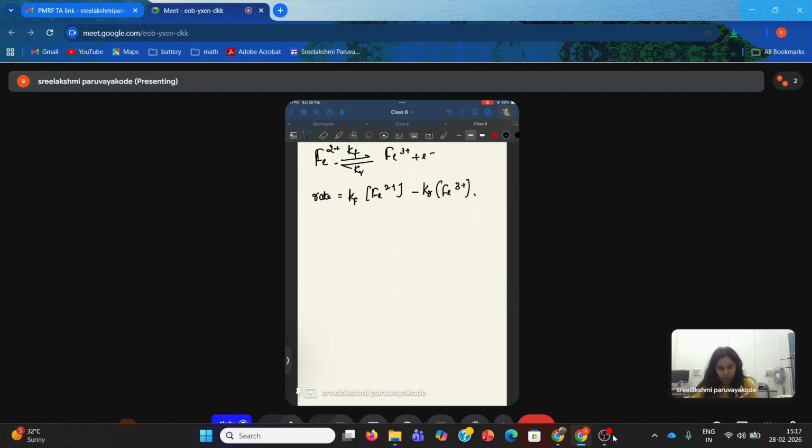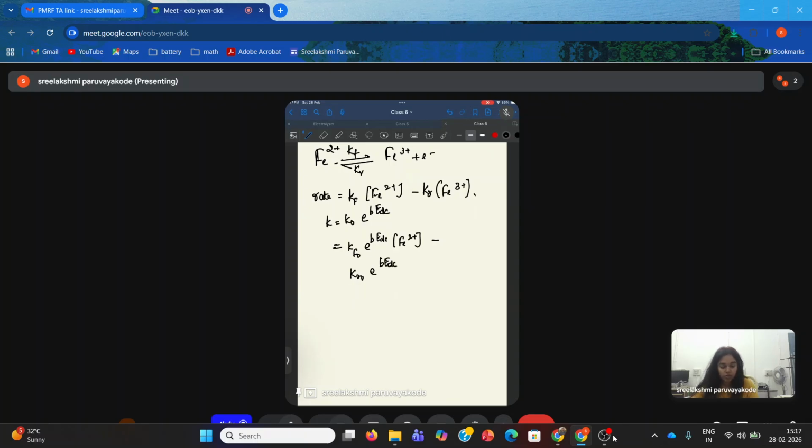Now, we learned in the first class that the rate constant in an electrochemical system is exponentially related to the potential, so K becomes K0 exponential of B E DC. This we saw in the last class. Let me substitute the same for Kf and Kr: Kf0 e to the power Bf E DC times Fe2+ minus Kr0 e to the power Br E DC times Fe3+.